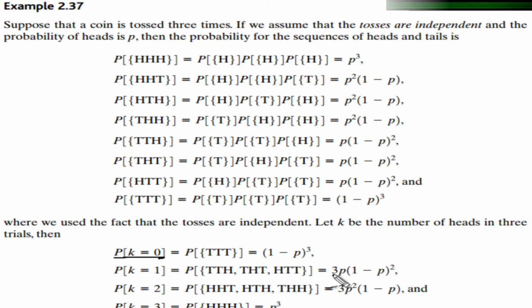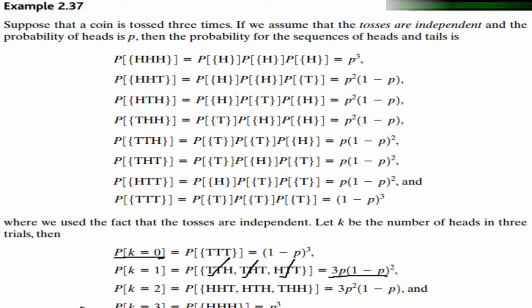Why did we add them? Why didn't we multiply them? Because here we have an OR. Either we can get this one, or this one, or this one. So if we are ORing them, we add them, and after adding them we get this formula: 3P into 1 minus P whole square.